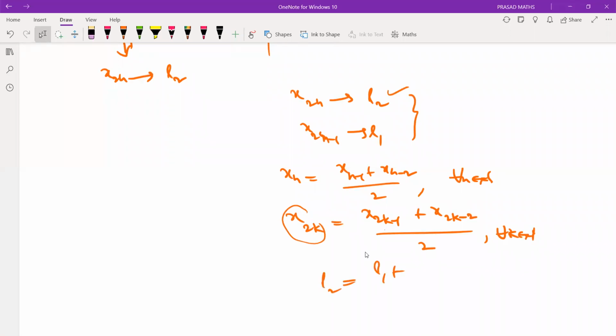Therefore L1 plus L2 is equal to 2 L2, so L1 equals L2. Therefore the complementary subsequence limits are the same: x2n converges to L2, and x2n-1 also converges to L2.